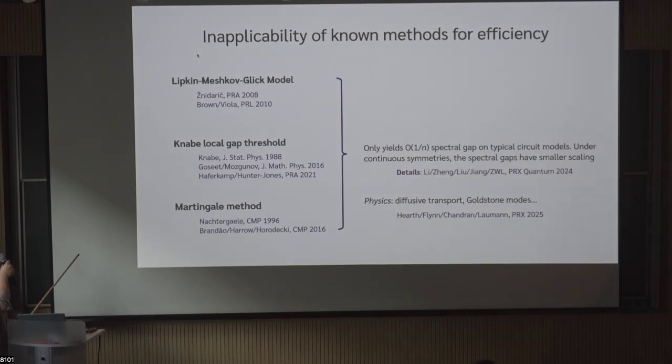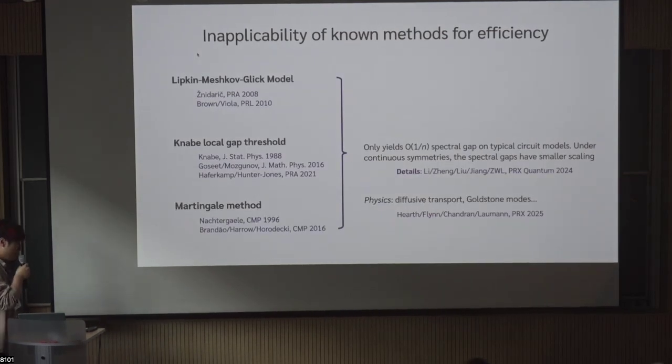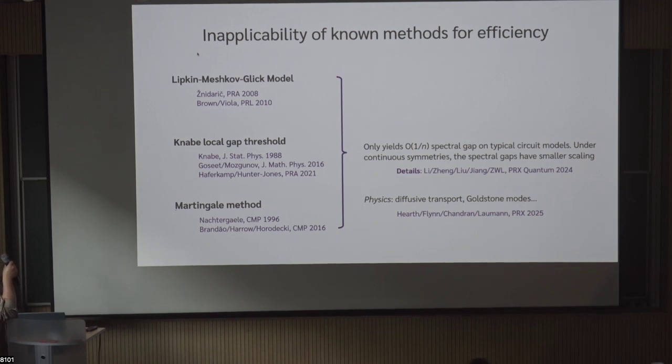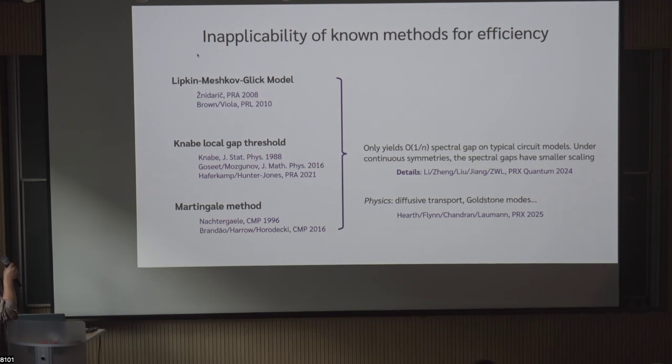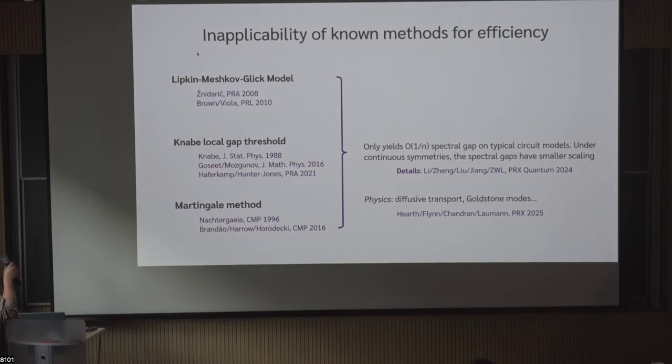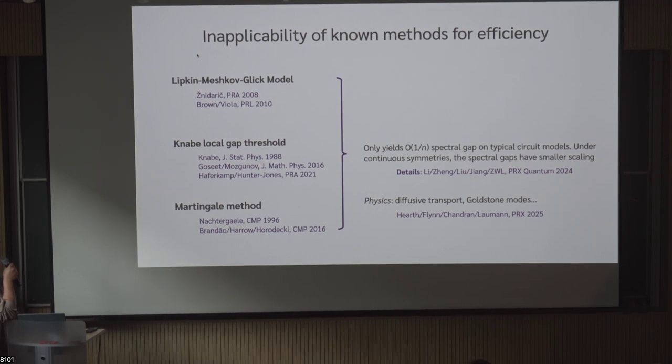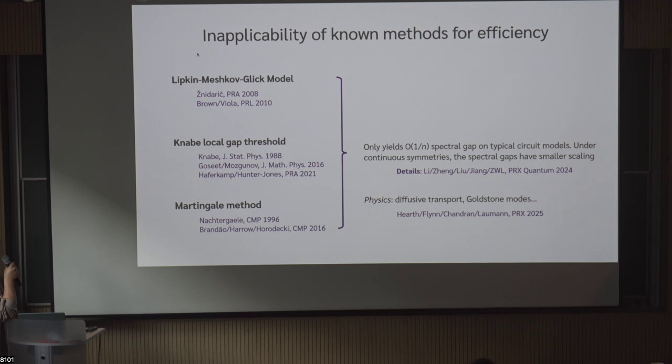And this is very important, because although it seems that we are just considering the analogous version with symmetries, mathematically everything becomes very different. These are some of the known methods for proving the convergence rate in the symmetry-free case. They are all very well studied and give rise to a series of nice improvements on the gap scaling.